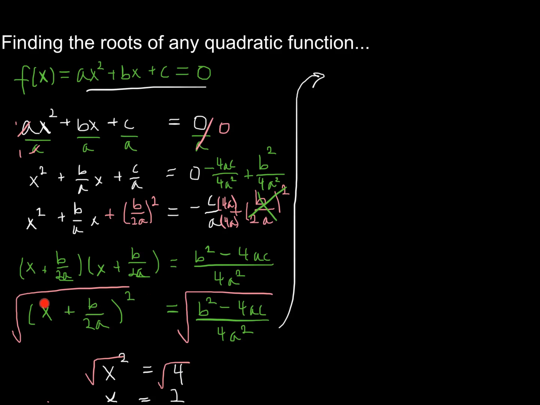What am I left with? Just what I had originally. To help you understand that, imagine you took the square root of 2 squared. Well, 2 squared is 4, square root it, you're back to 2, right? So I'm left with x plus b over 2a on the left. And on the right, it seems like I have just the square root of whatever this is.